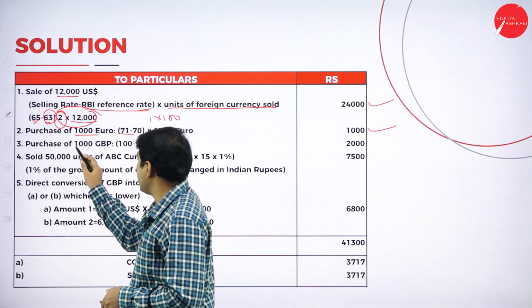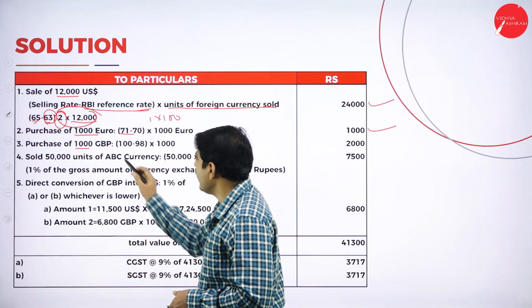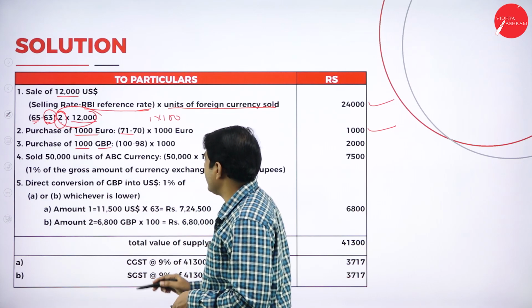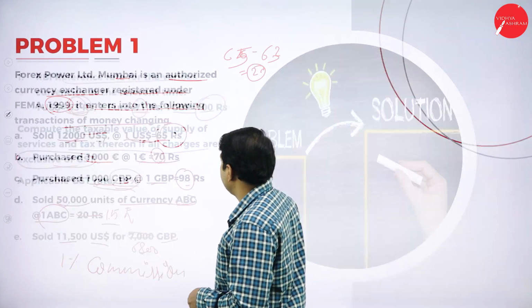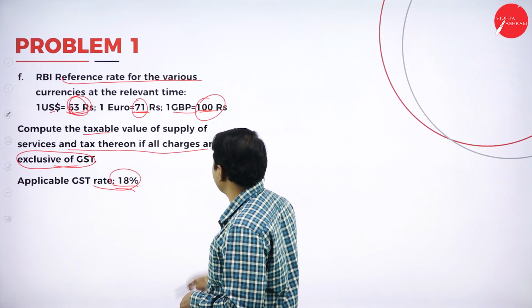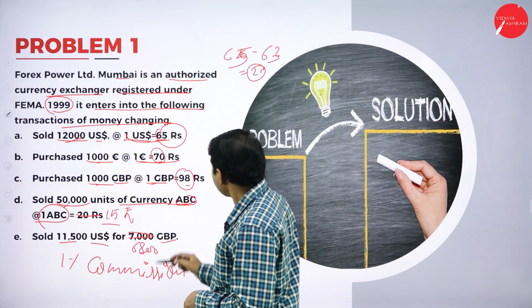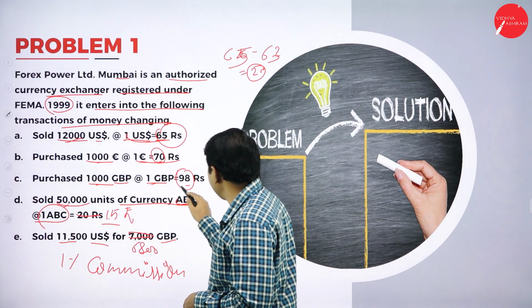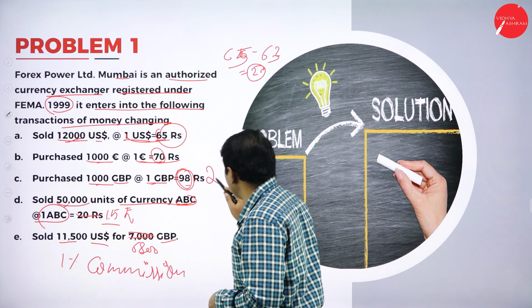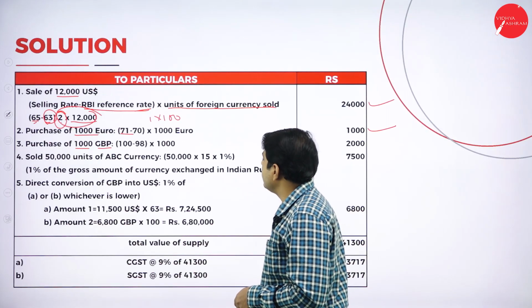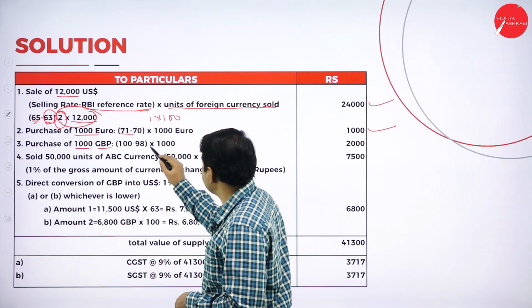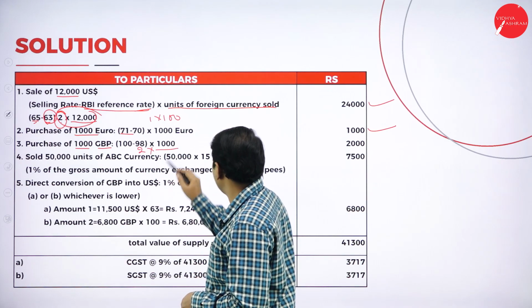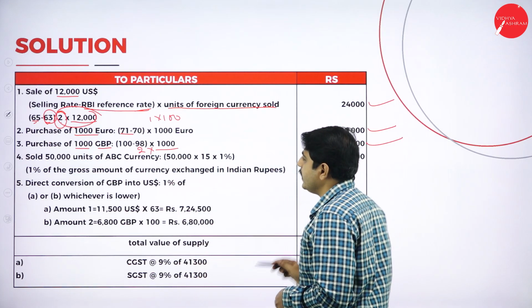And also the purchase of 1,000 GBP currency. What is the RBI rate here? GBP RBI rate is 100 rupees. But they are charging 98 rupees. Here also they are getting 2 rupees commission. So 2 rupees into 1,000, here also they will get 2,000 commission.